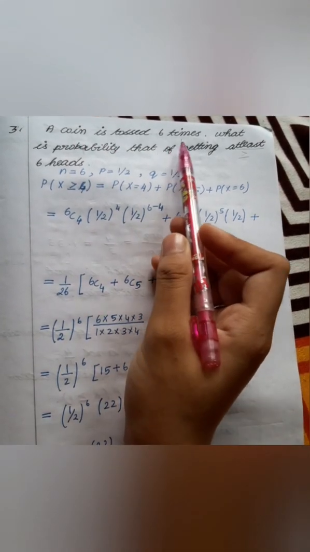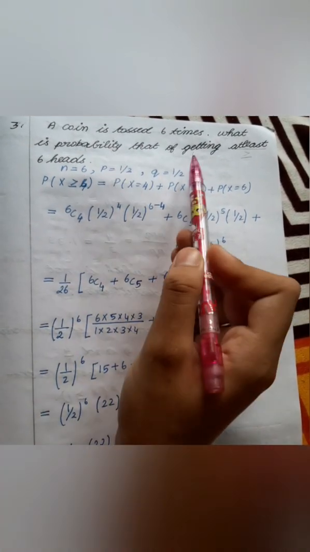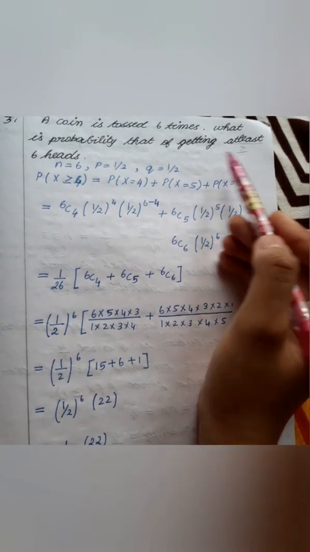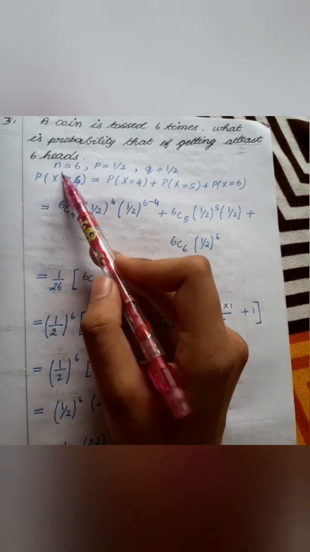The next sum is: a coin is tossed 6 times. What is the probability of getting at least 4 heads? Here also at least means greater than or equal to.